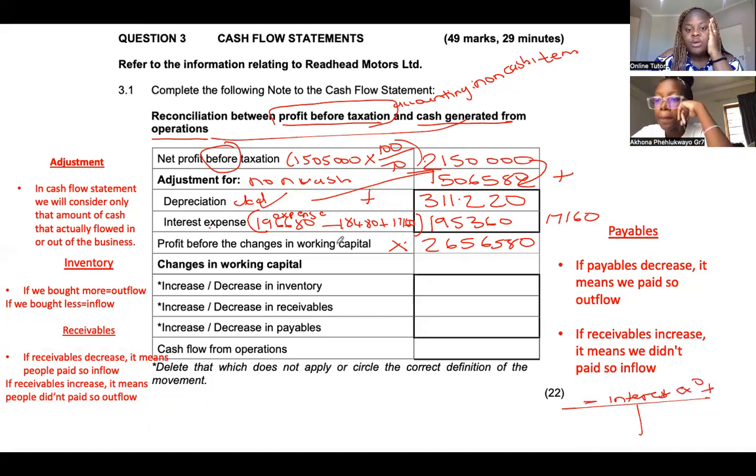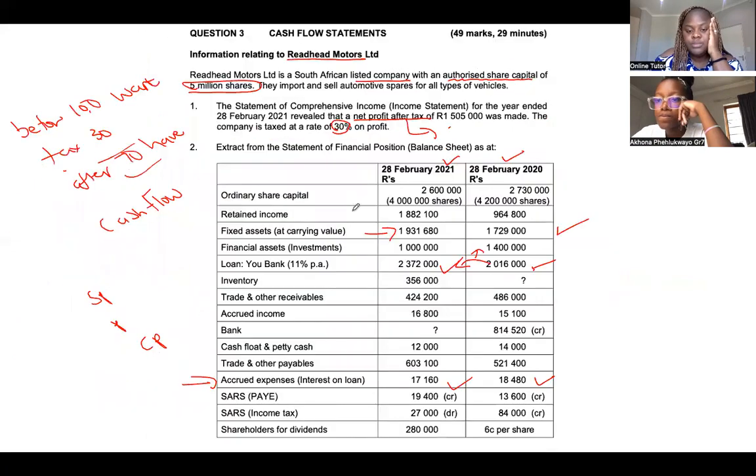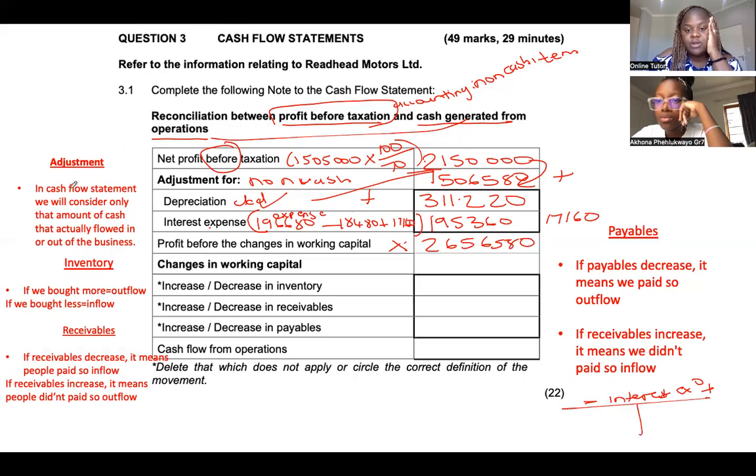Okay. So the 17 is from this year. Let's quickly make note of that. This is current year and this is prior year. An accrued expense is an expense that's owing. It's a liability, right? If you owed it, where would it be in terms of your T account?